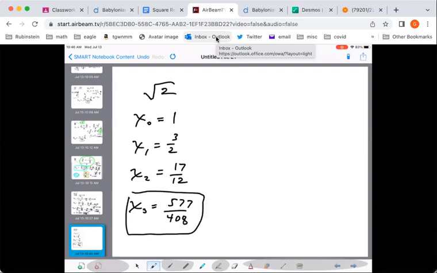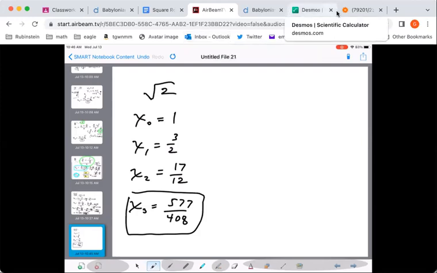Various cultures throughout history have come up with 577 over 408 as a really good approximation of the square root of 2. Unlike the square root of 11 thing, where the numbers were in the thousands, these are fairly small numbers, 577 and 408.